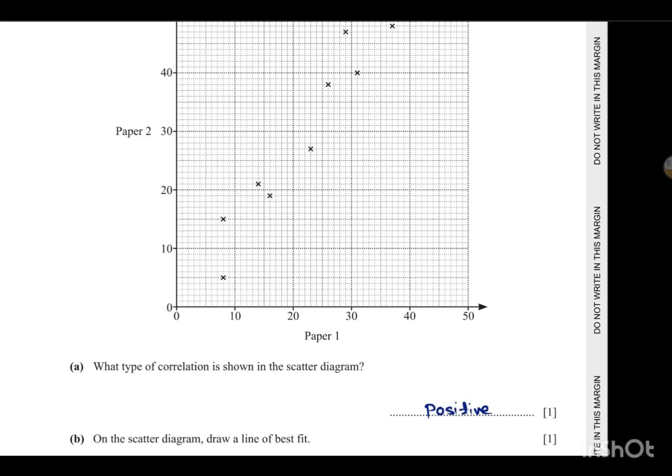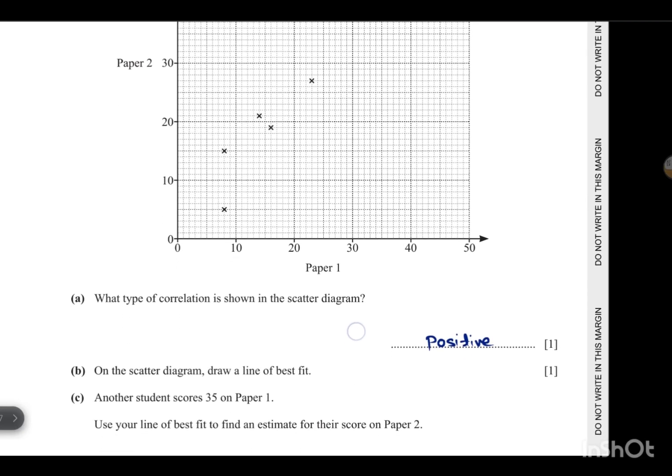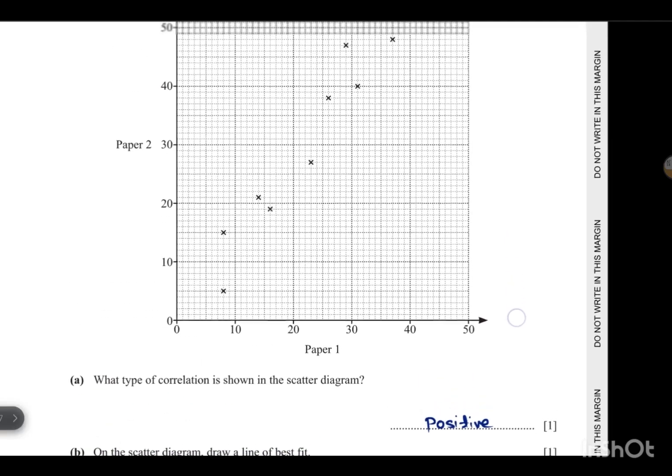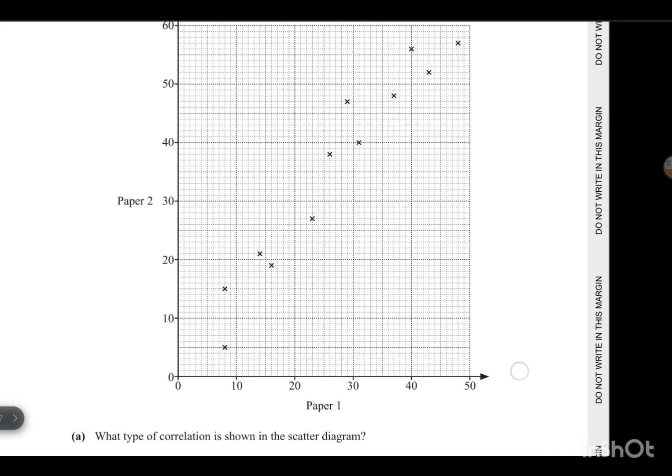Next, question B. On the scatter diagram, draw a line of best fit. Drawing a line of best fit is, you can use your ruler here and draw a line in such a way that it has to be in between these dots, and on either side of the line you will have an equal number of dots. In that way you have to draw.